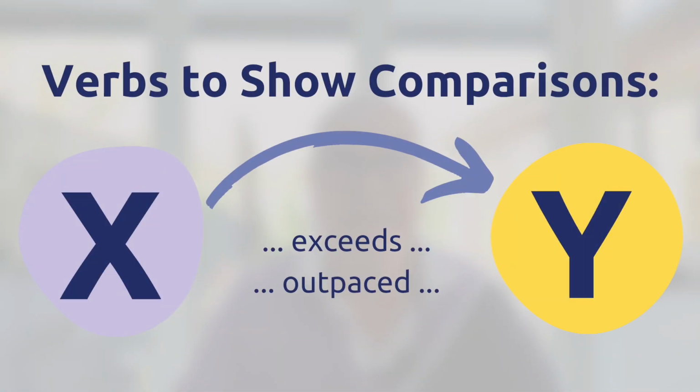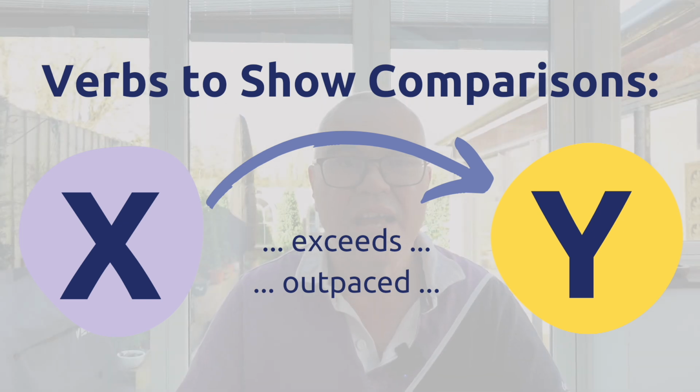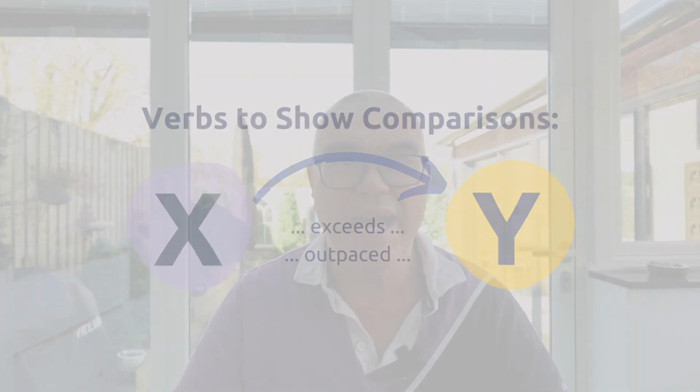Basically, you're saying X is bigger than Y. So it will be X exceeds Y. X outpaced Y.